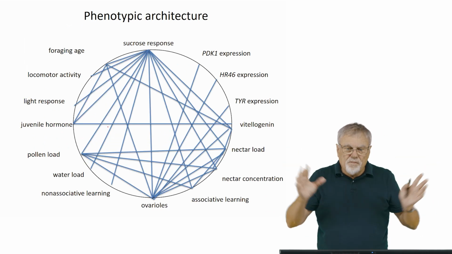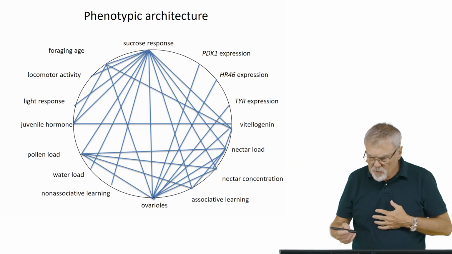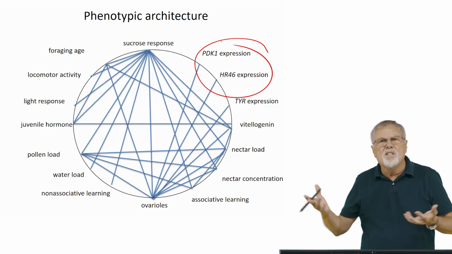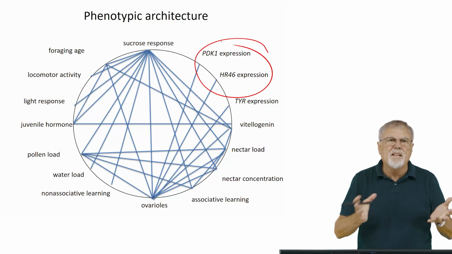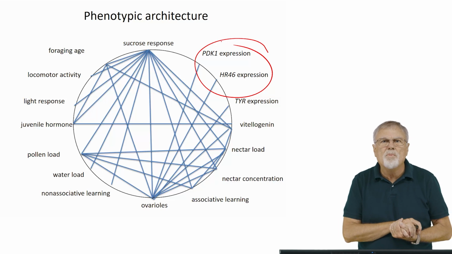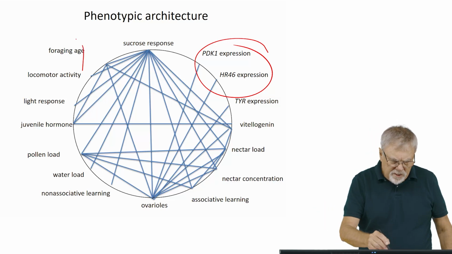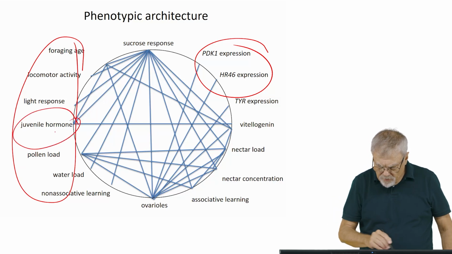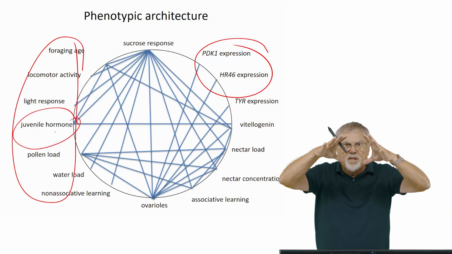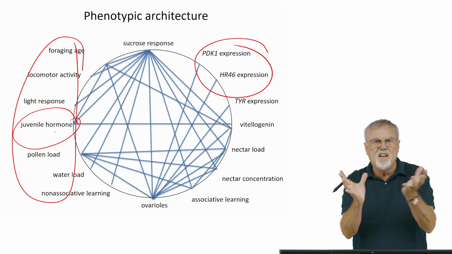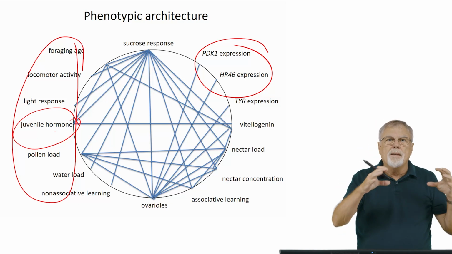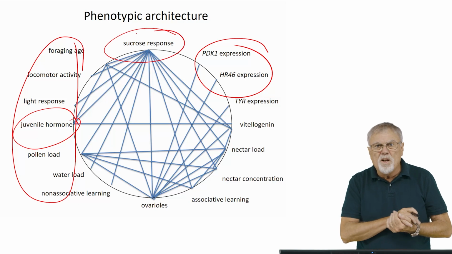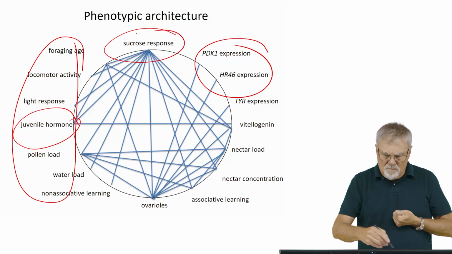So collectively, we looked at a lot of different things. We looked at gene expression for specific genes that we suspected might be involved in vitellogenesis and reproductive signaling. And we looked at many different kinds of foraging behavior and hormone levels. And what we found was again a phenotypic architecture. It's like that dog balloon that we had. The things are related to each other. The thing that stood out was that the response to sugar was linked to many, many things.